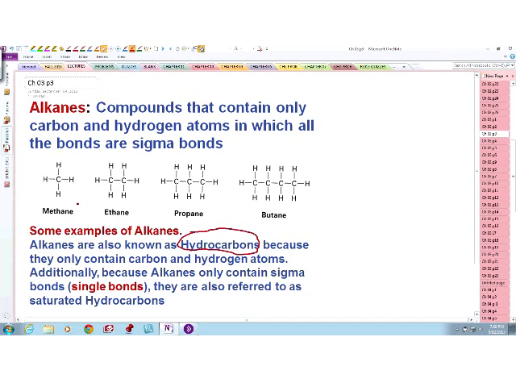As you can see here, we show you 4 examples of alkanes. They only contain carbon and hydrogen, and all of the bonds are single bonds, or sigma bonds.